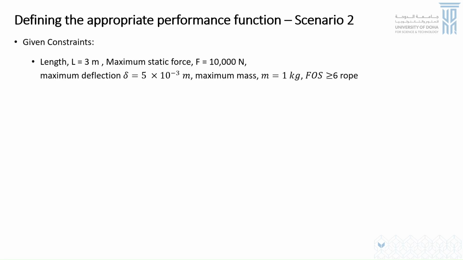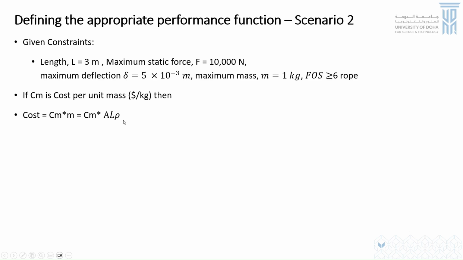In this case, if Cm is the cost per unit mass, then we can express our cost as cost per unit mass times the mass itself. This mass can be written in terms of the geometric variables of area and length, and the material property of density.